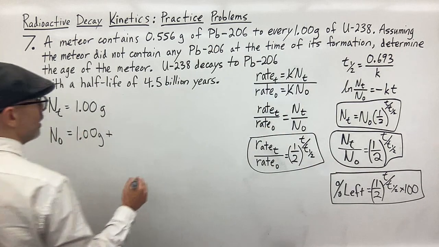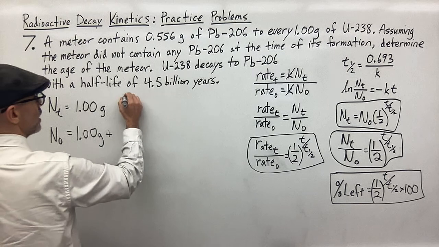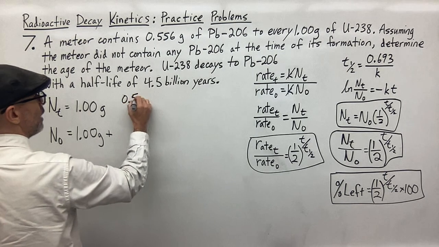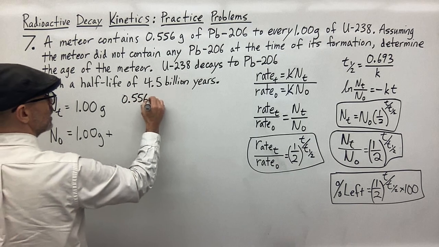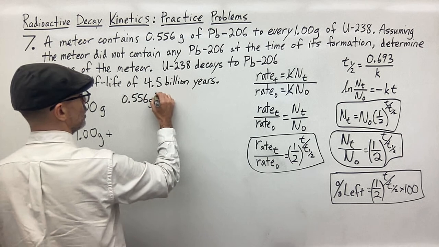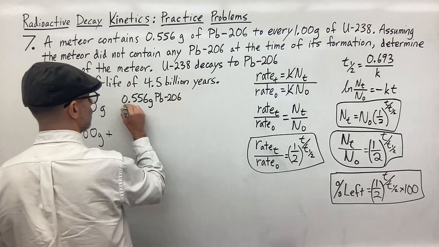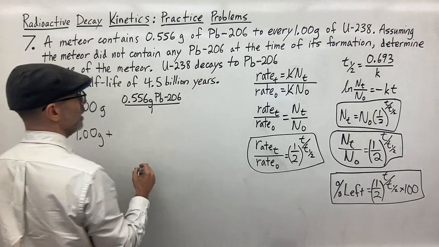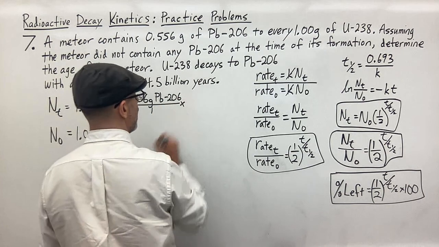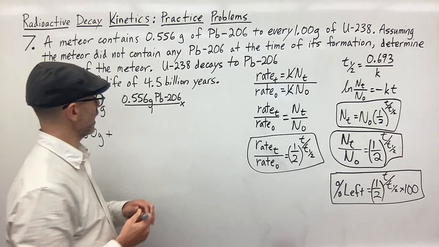So if we do our conversion, we could take the 0.556 grams of Pb-206 and then convert that to uranium from which it came.